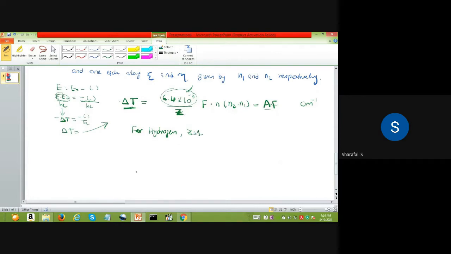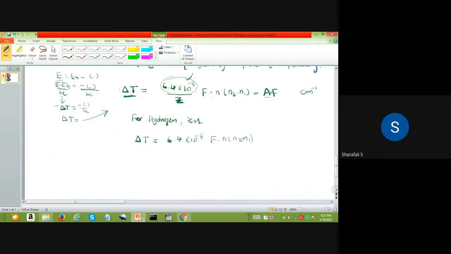If you consider the Stark effect for the case of hydrogen, the delta T value will be nothing but 6.4 into 10 to the power minus 5 times F times n into 10 to minus n. So this much of centimeter inverse.